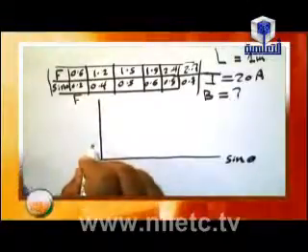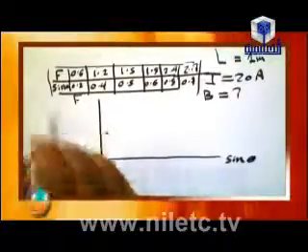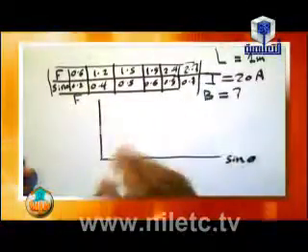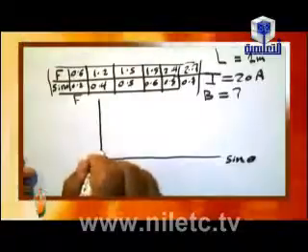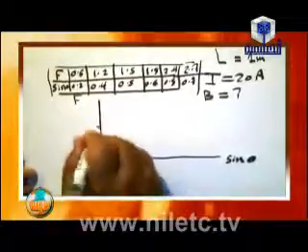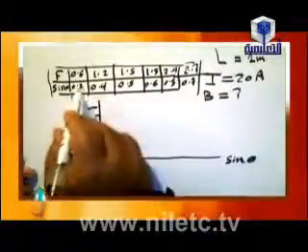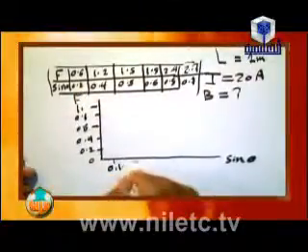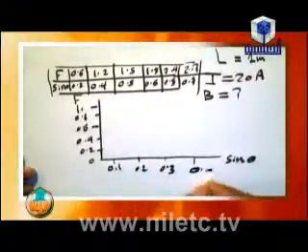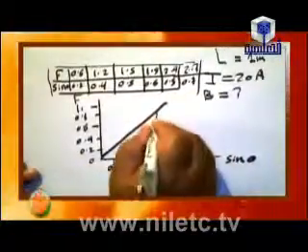Then we make steps for the graphical representation, and we make the scale uniform. The force starts from 0.6 to 2.7, so we can make the scale 0, 0.2, 0.4, 0.6, 0.8, 1, and so on. The scale of sine theta is 0.1, 0.2, 0.3, 0.4, and so on. We find the graph will be a straight line, so we find the slope.